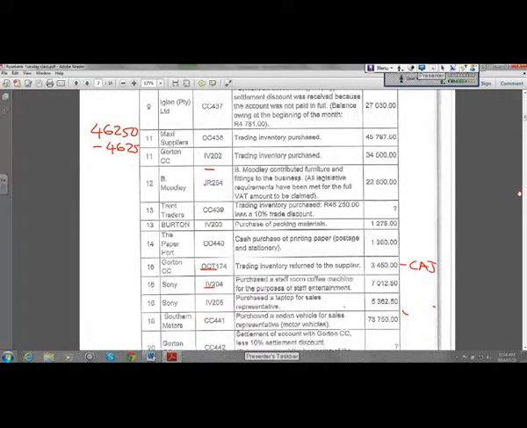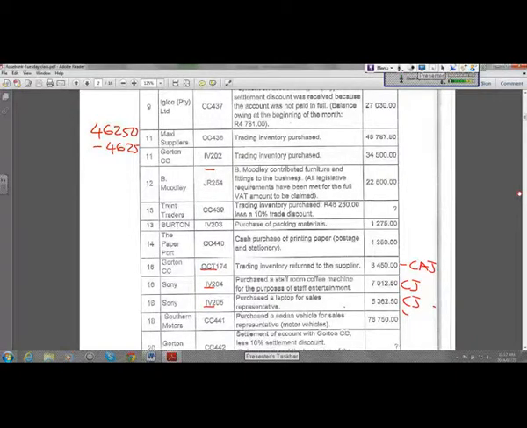It will go to the Creditors Journal. The next one, we are purchasing a laptop. It's a similar thing. We have the invoice, and we're purchasing that laptop on credit. So it's a Creditors Journal.